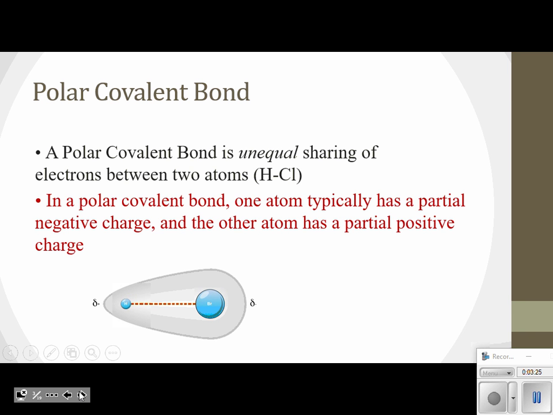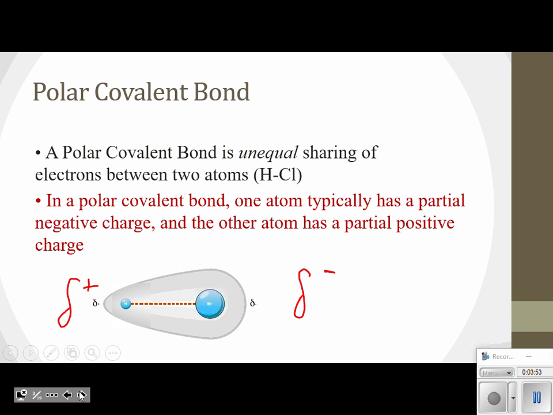It's tough to see up here, but we can represent these a few different ways. And this little sign here, and I'm going to draw it big, gives me a partial negative there and a partial positive there. So those are the signs for the partials.